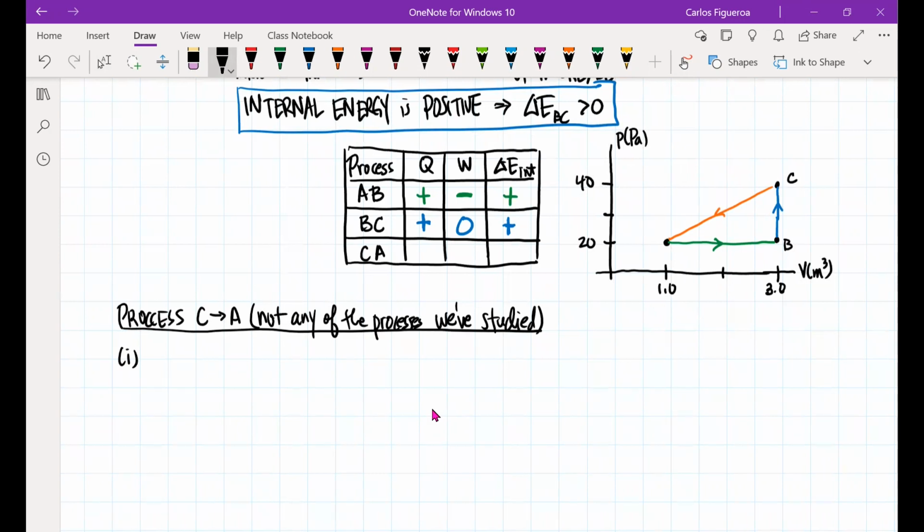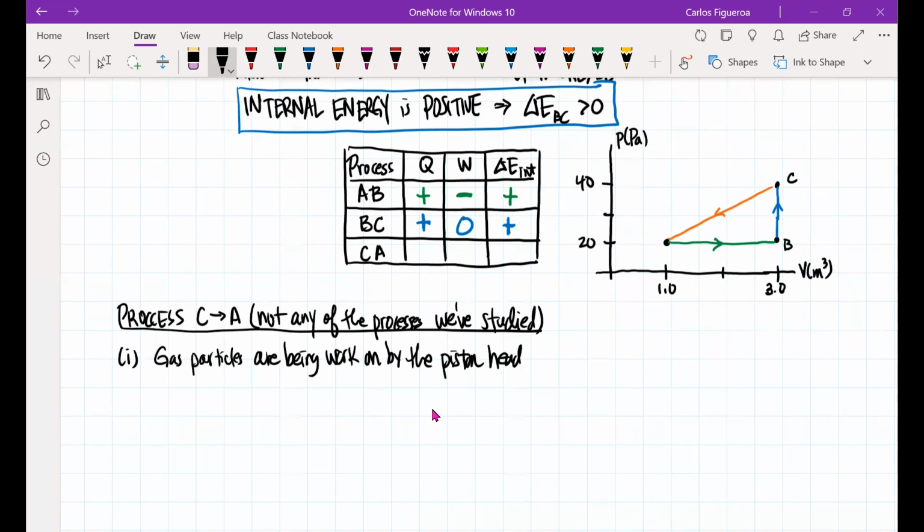So the gas particles are being worked on by the piston head.